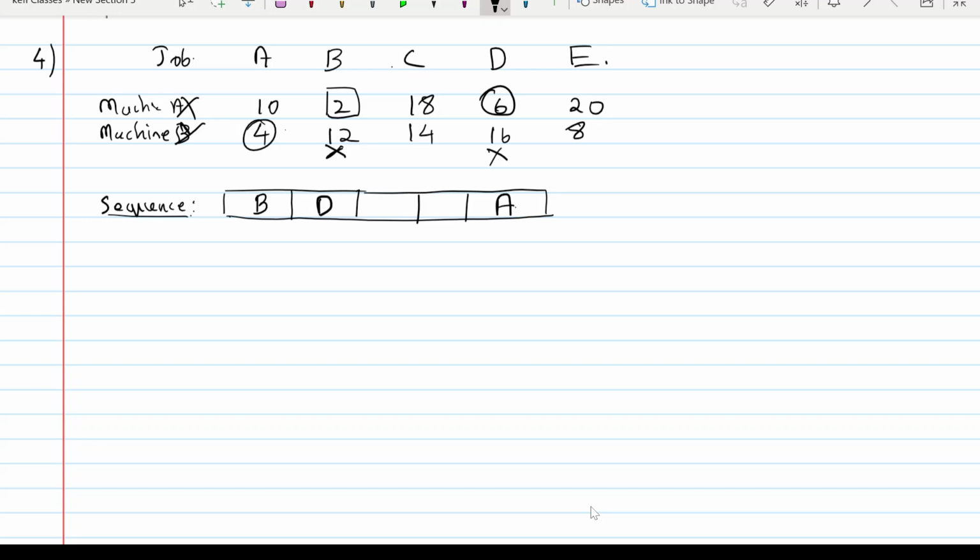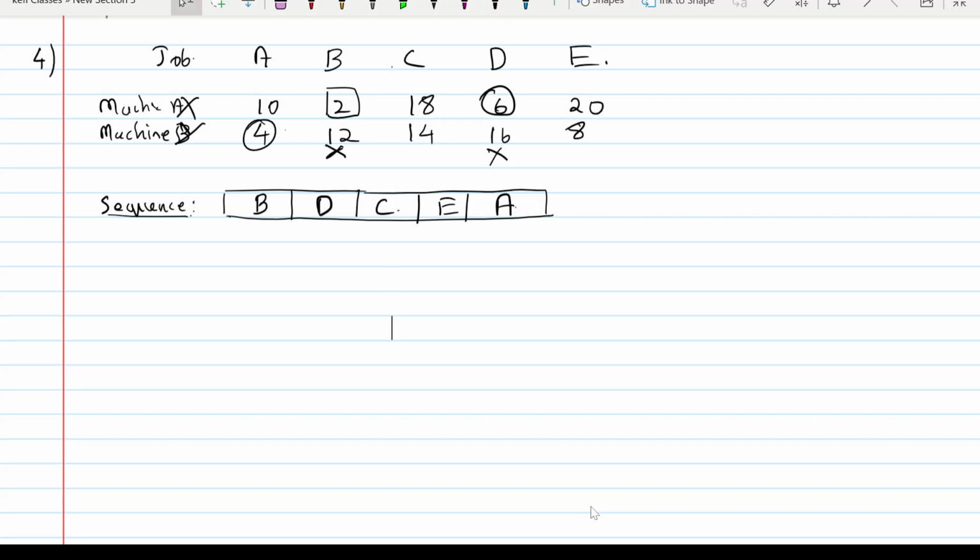Minimum is 8. It will go to which side? Right hand side. So that's job E over here. And what is left? C. Okay, so B, D, C, E, A is the sequence. Visible hai? So B, D, C, E, A is the sequence.